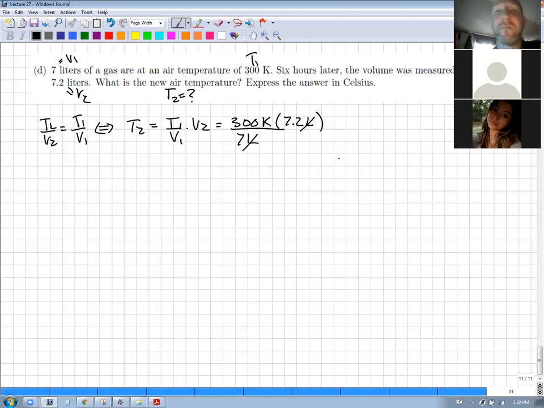Liters go away. We have 300 times 7.2 divided by 7. We get 308.57 Kelvin. We want to change this to Celsius.